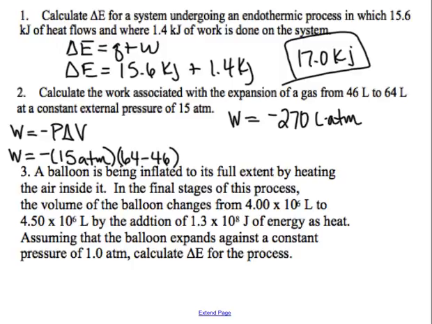Just to practice, this liter atmosphere is very not acceptable. We want to get it to a more usable unit, which would be joules. So for every 1 liter atmosphere, we have 101.3 joules. So to 2 sig figs, how many joules is that?